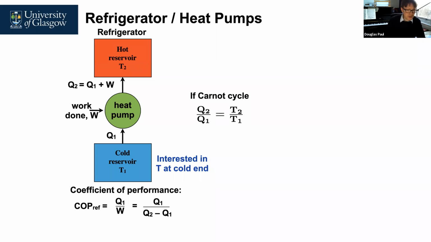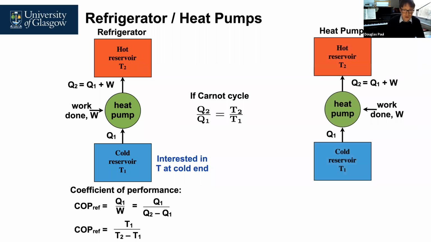We know from the Carnot cycle, and we just proved it, that Q2 over Q1 equals T2 over T1. We can put that in, and so the coefficient of performance of a refrigerator can be rewritten as T1 over T2 minus T1. That's the coefficient of performance of a refrigerator.